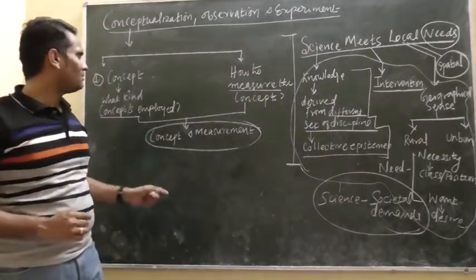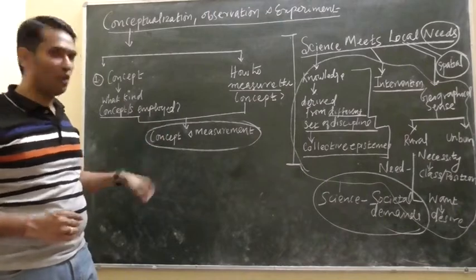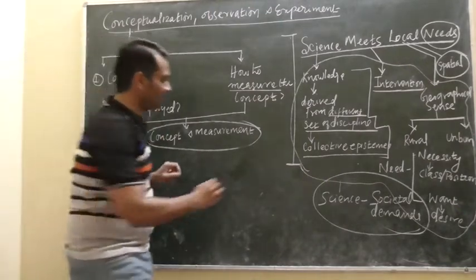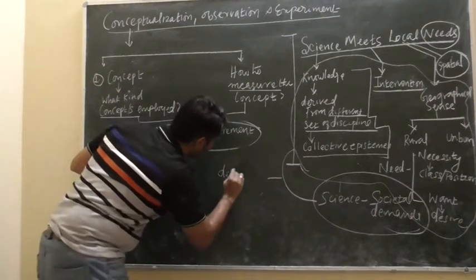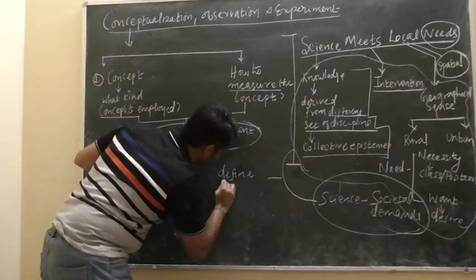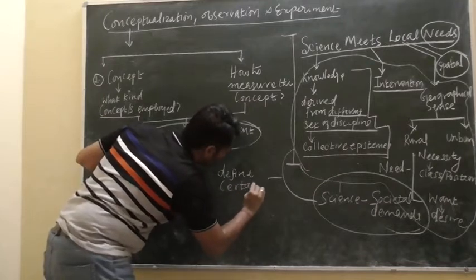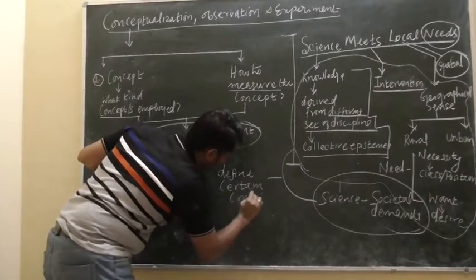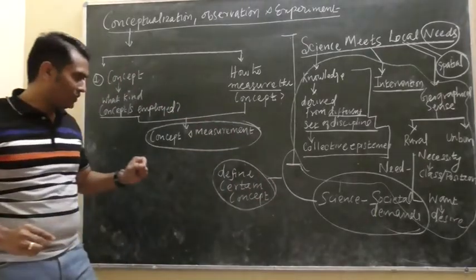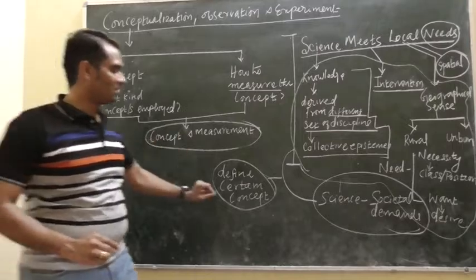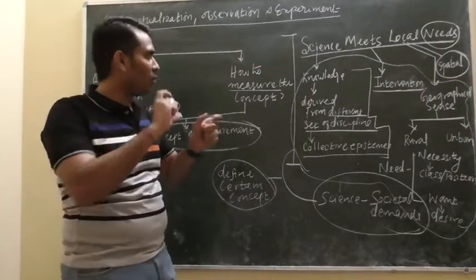Okay, this is something which is related to the very idea of how you define a certain concept. In the definition, we not only limit ourselves to, for instance, only one variable, one set of a concept.